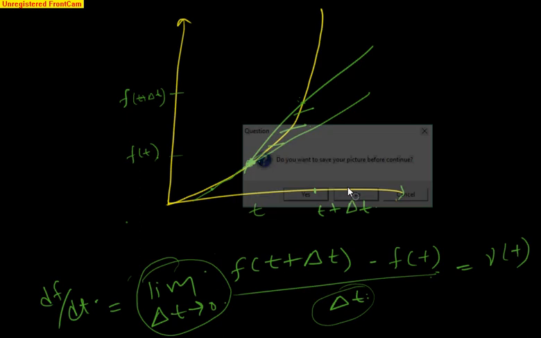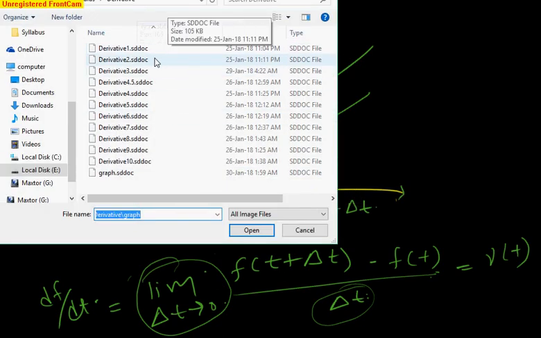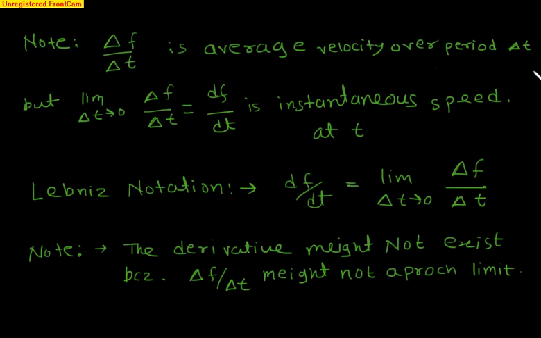That's it, friends. We have already discussed this in our previous videos. Now moving to the next: average velocity. One more important thing. We have seen that in case of a curve, this delta f by delta t is just the average slope or average velocity.